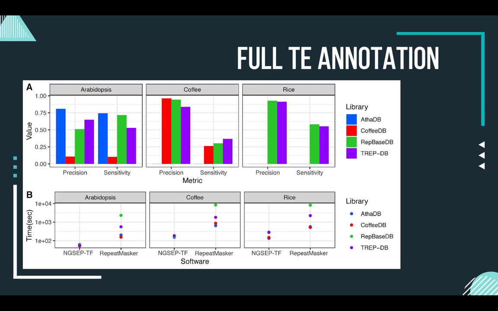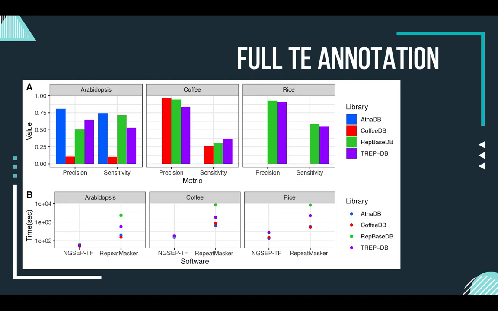We can play a little bit with the precision and sensitivity results if we increase the number of iterations of the annotation, using the output annotation as the input of the next round. And in all cases, we also got a reduction from 3 to 20 times of the time required to annotate the genomes.